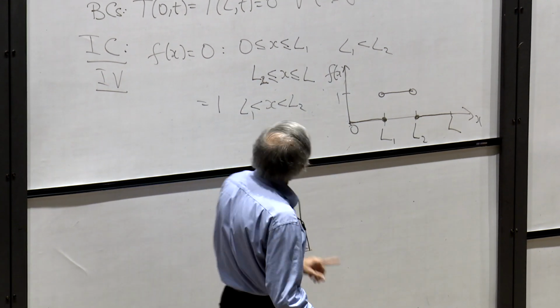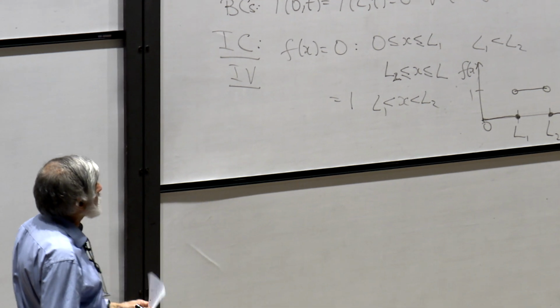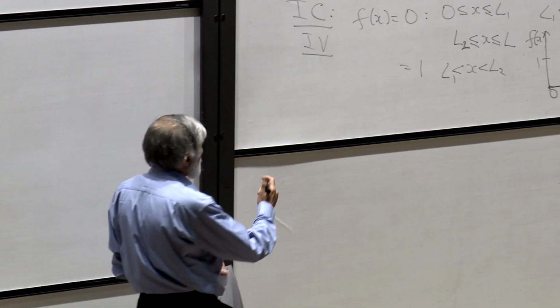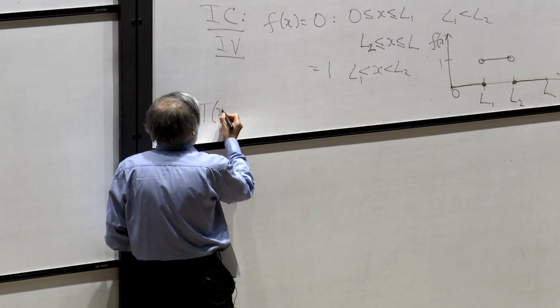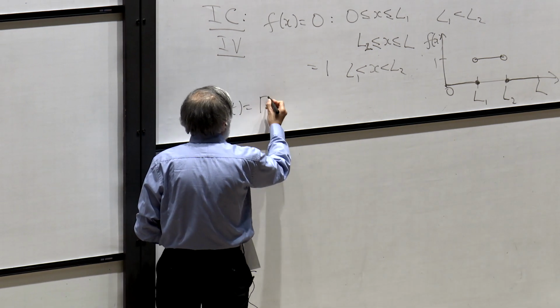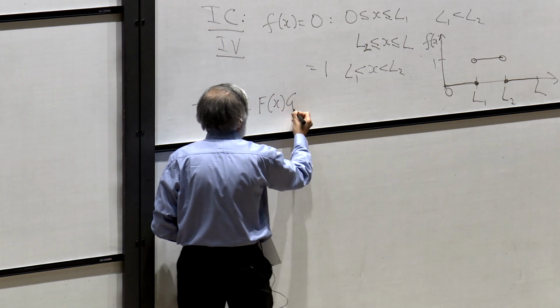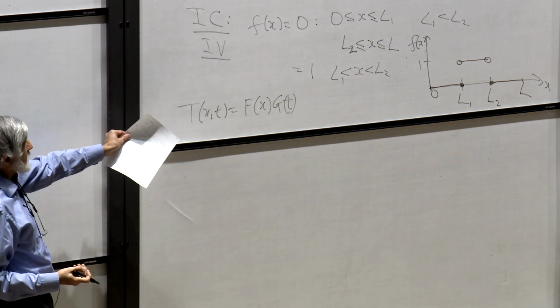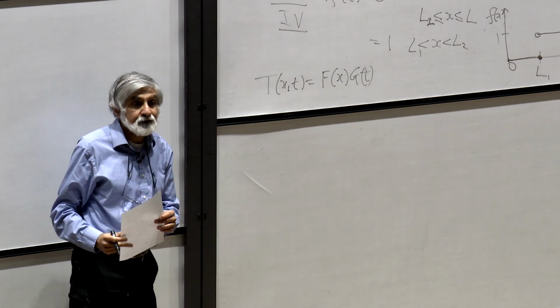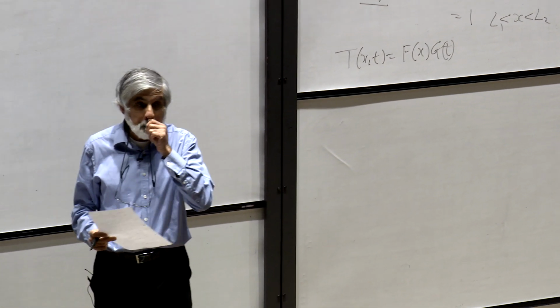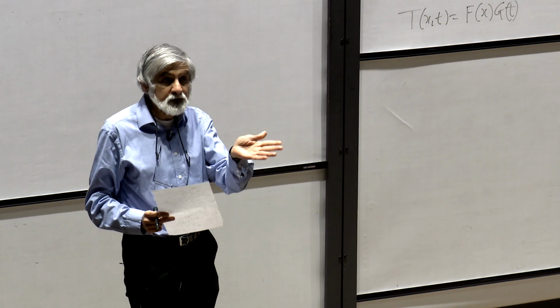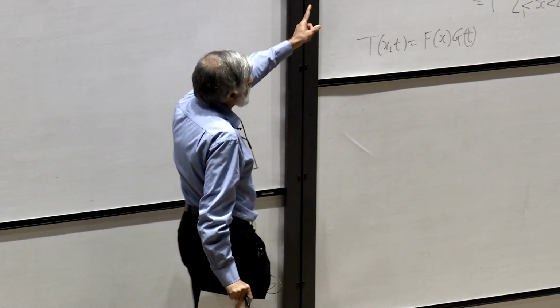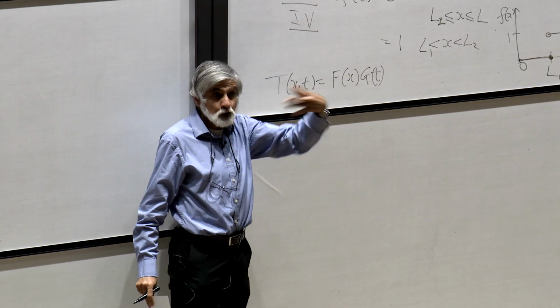Okay? So now to solve this, you do the usual thing: separation of variables. Again, I'm not going to write out all the details, I'll leave you to do that. You find out that f double dash over f must be a constant. If that constant is 0, then with these boundary conditions the only solution is 0.